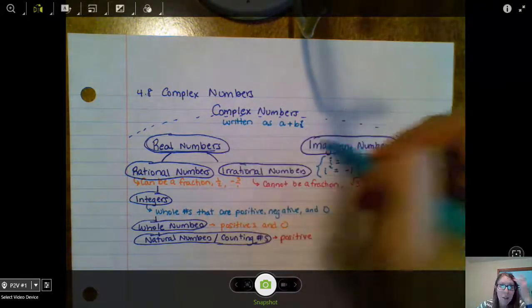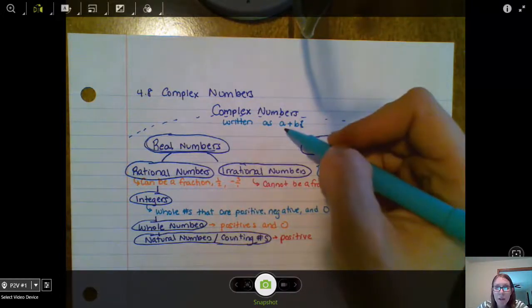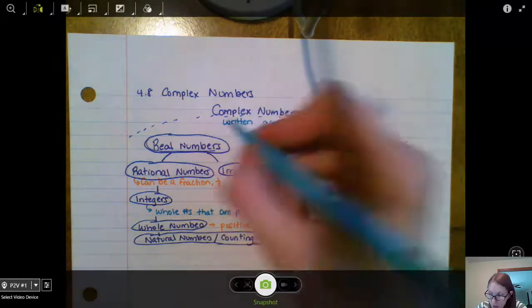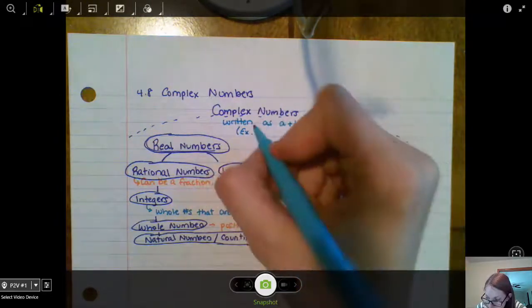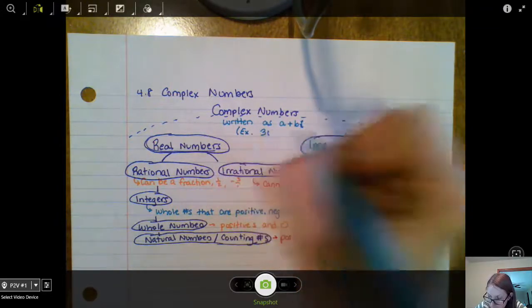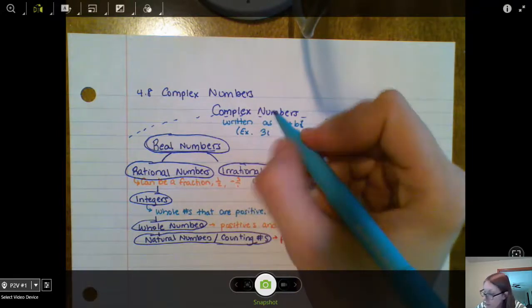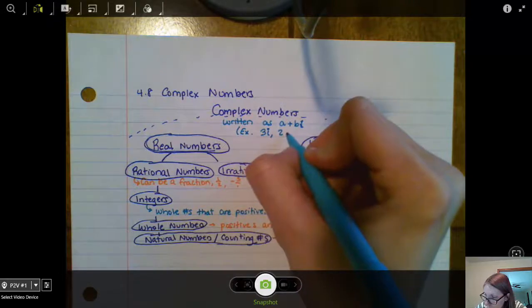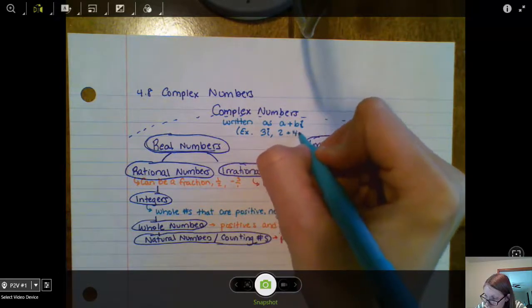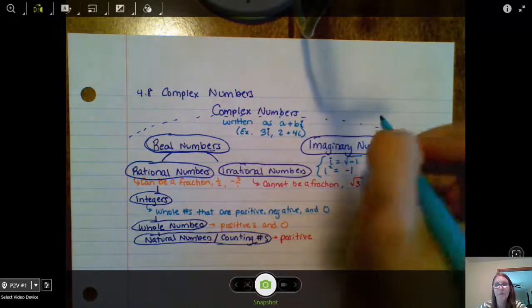If you have a real and an imaginary together, the real part comes first and then our imaginary. So for example, 3i would be considered a complex number. So would 2 plus 4i, and so on.